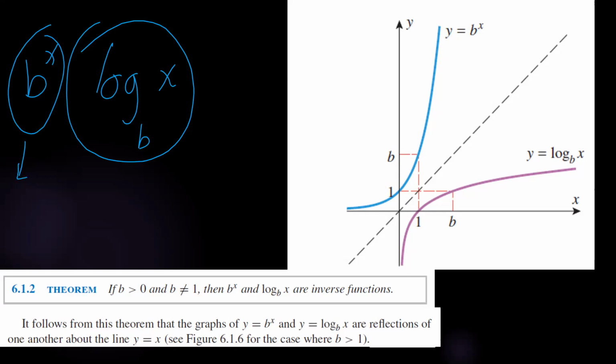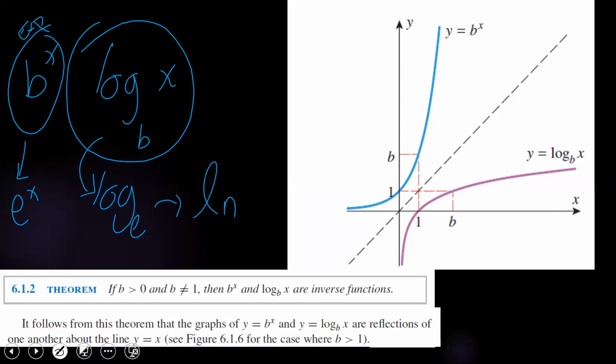Now, if we have an exponential function with the base b, we call it an exponential function.